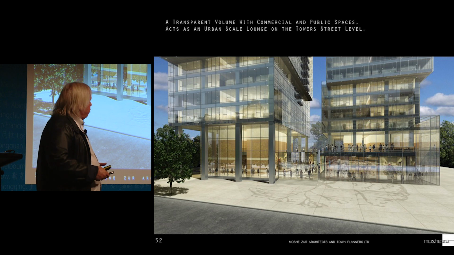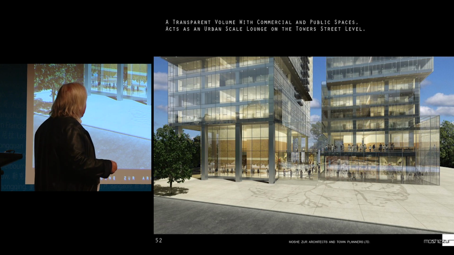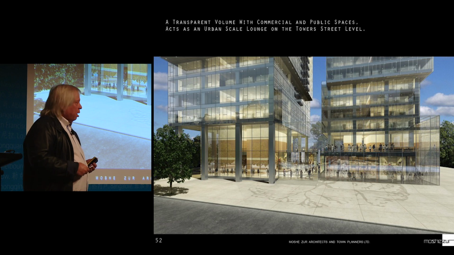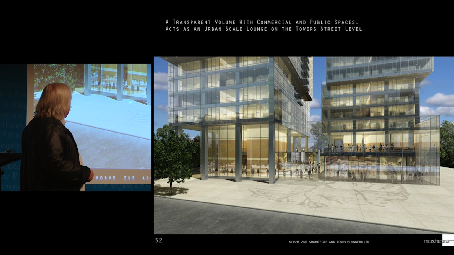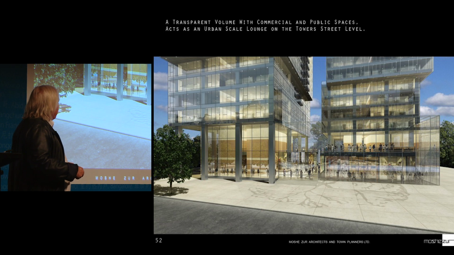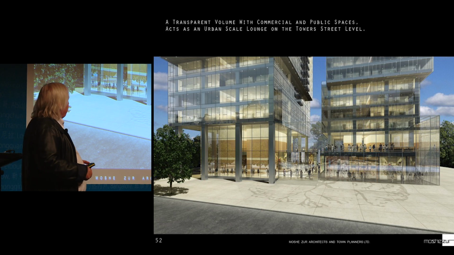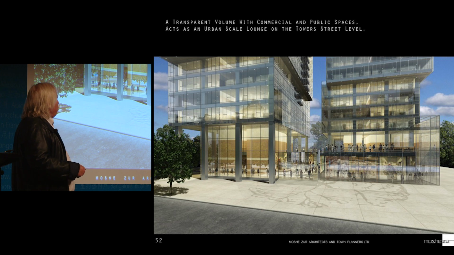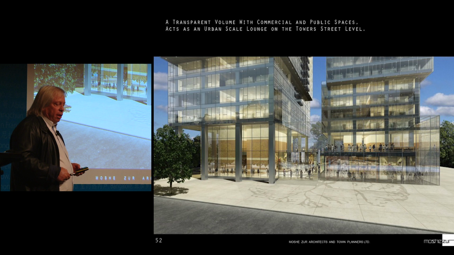So actually we have created a linear atrium, or let's say a connector between these two, and this double-height space is of course accessible to the public, with public uses, commercial uses, cafe, restaurant, and also an urban lounge, and also of course the lobby to these two buildings.